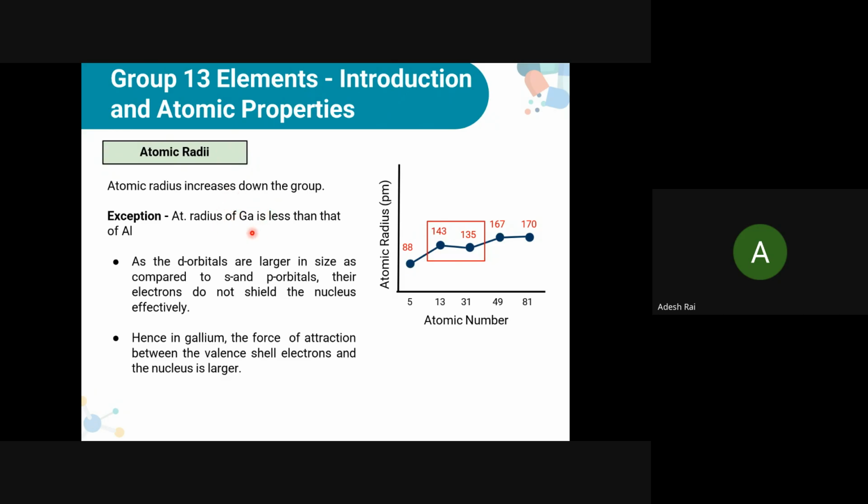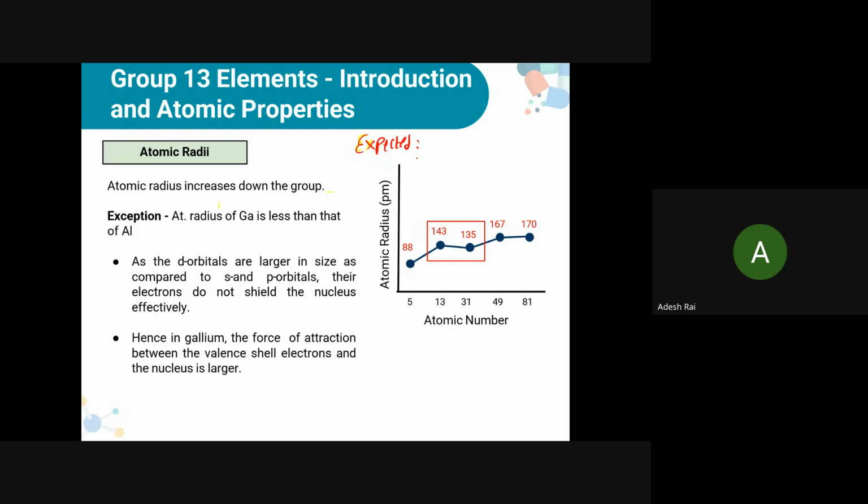So we all know that moving down the group, atomic size increases, right? So what was expected?